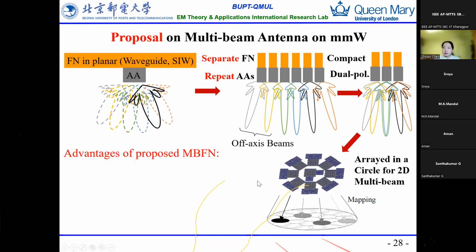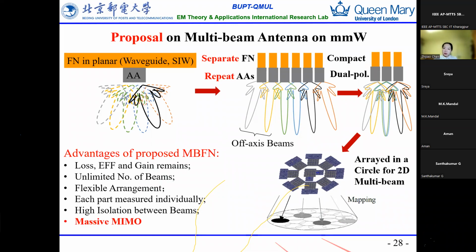And in this way, it has several advantages, such as low loss and high efficiency, and the gain remains no matter how many multi-beams are achieved. We can try an unlimited number of beams without sacrificing efficiency.